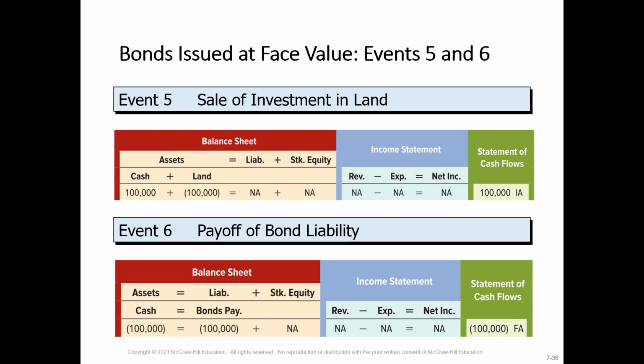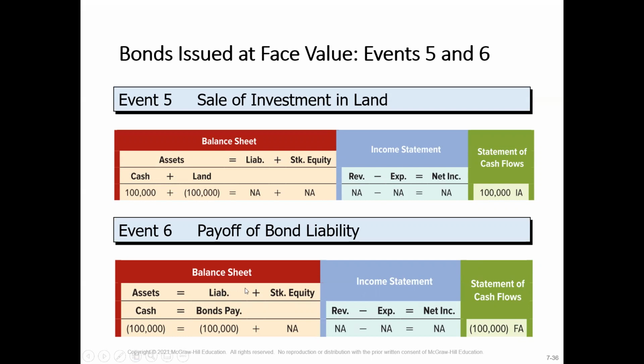So that's the way this event happened. Apparently she bought the land, got rental income off of it for 5 years, then turned around and sold the land for exactly what she paid for it, and paid the bonds off with the proceeds from the sale.